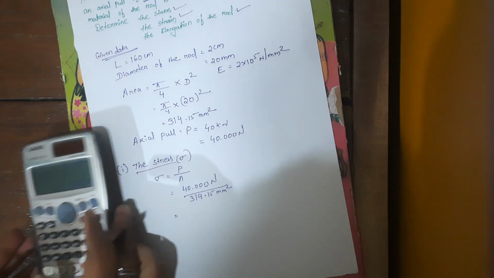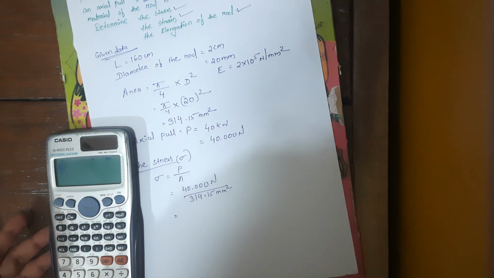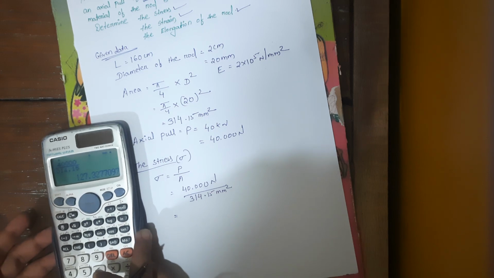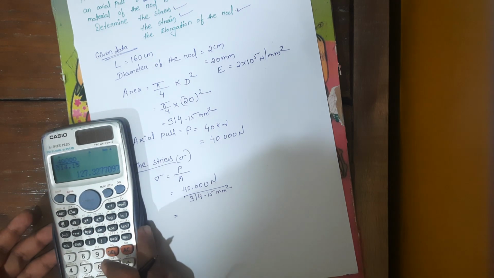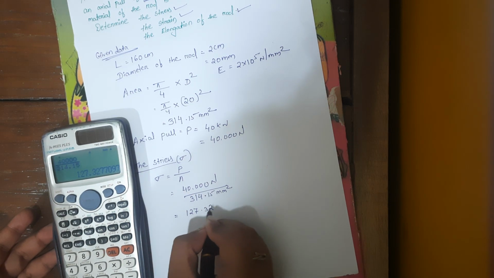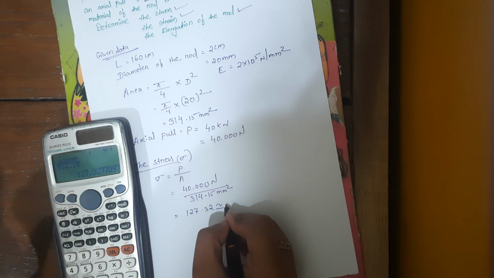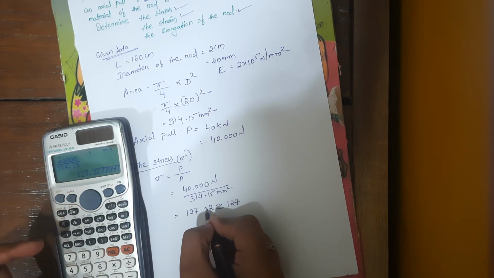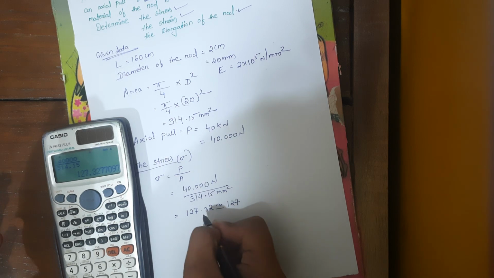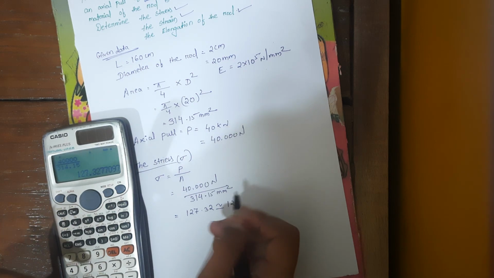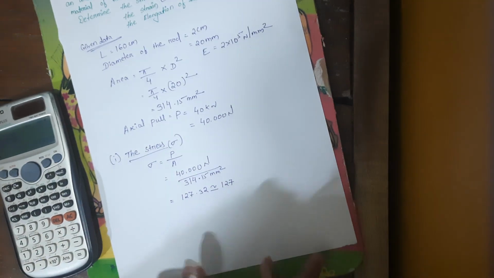Now we'll calculate 40,000 divided by 314.15, which gives 127.32. Rounded, it is 127, because the digit after the decimal is 3. Always give the unit.